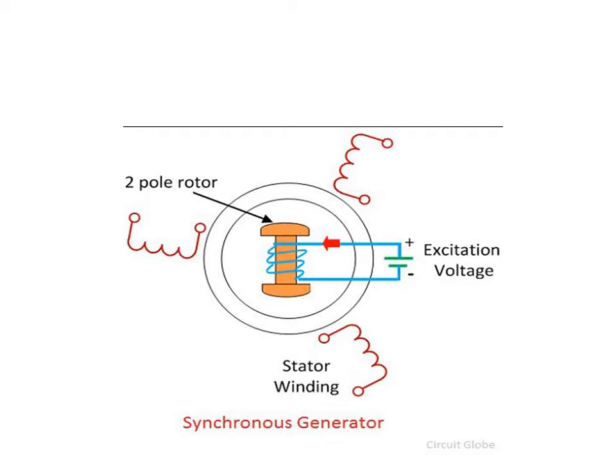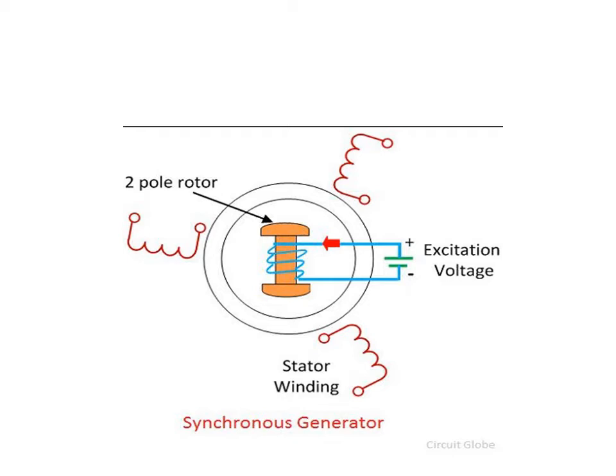Because the synchronous generator is a three-phase AC generator. What do you mean by a generator? A generator converts mechanical energy into electrical energy. So mechanical energy should be supplied at the input side, which is converted into electrical energy.